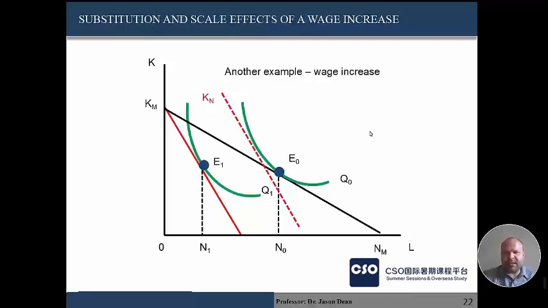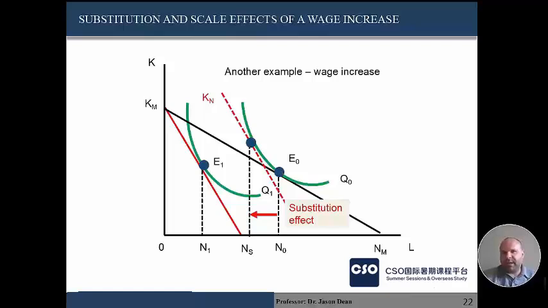Now, to isolate the scale effect and the substitution effect, we need to take the iso-cost line and move it up to the old isoquant. Because if you think of comparing this point to this point, the only difference here is the wage.